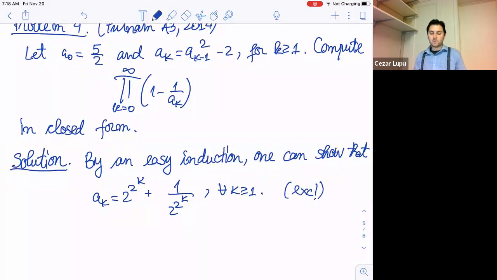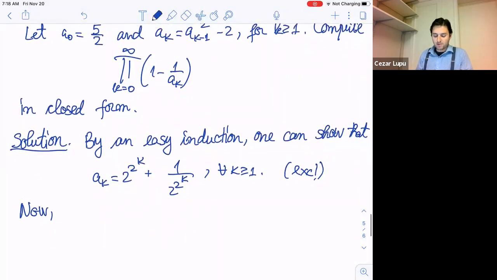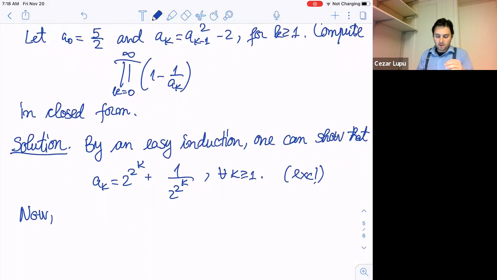And now once I know this, I already know what to do. So now you'll see I only need this and another thing, and that's pretty much it. That's the problem. You'll see that I will discuss an infinite product here. So let's see. We have now this guy, 1 minus 1 over a_k.